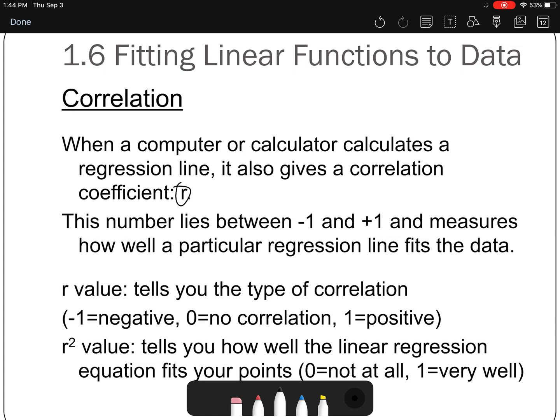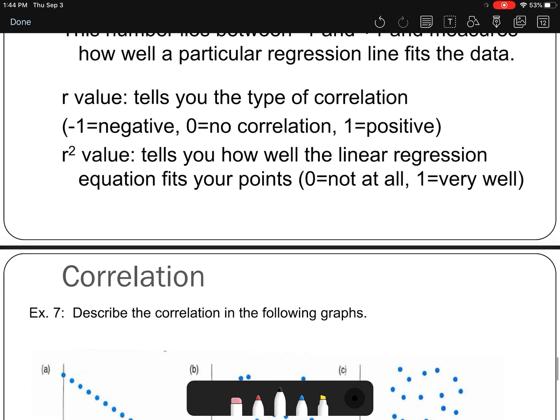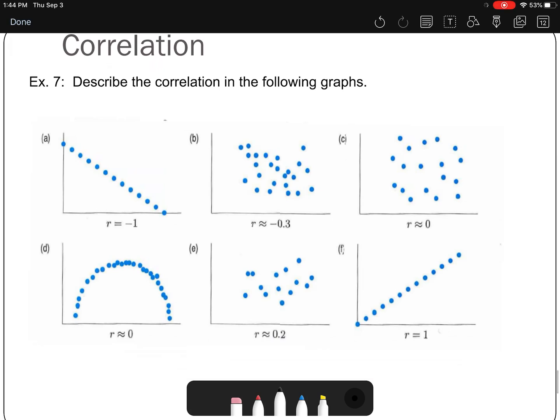Basically it says that the more positive the correlation, the closer it gets to 1. 1 is a perfect correlation. The more negative it is, as it gets closer to -1, it's a perfect negative correlation. But if you get close to 0, there is no correlation between the equation and the points.